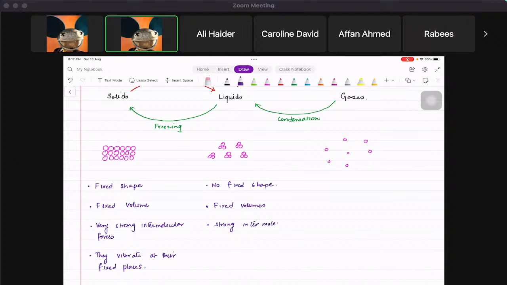Not very strong like solids have, but they still have strong. This is the reason they have fixed volumes, right? So they can slide over layers and can move around as well. Is it clear, everybody? They're not fixed like in solids.